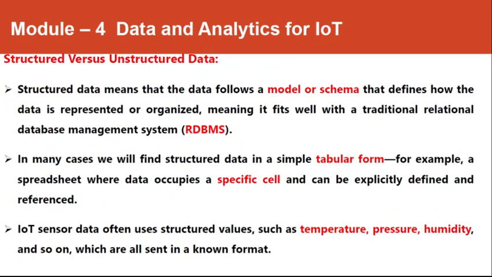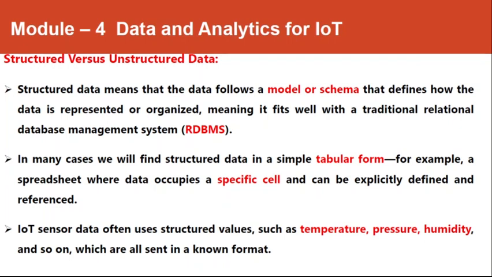Structured data means that the data follows a model or schema that defines how the data is represented or organized, meaning it fits well within a traditional relational database management system.